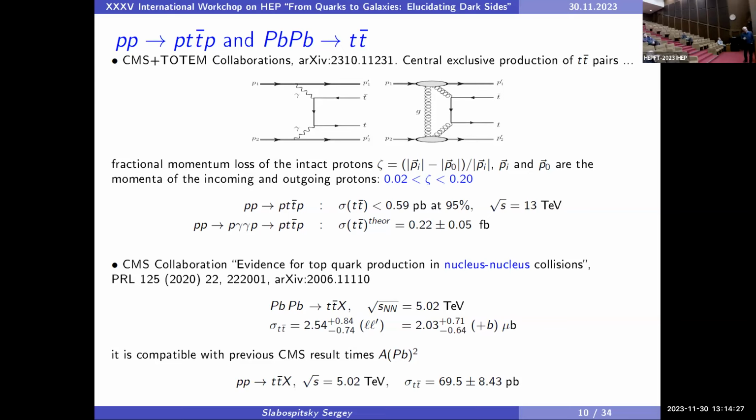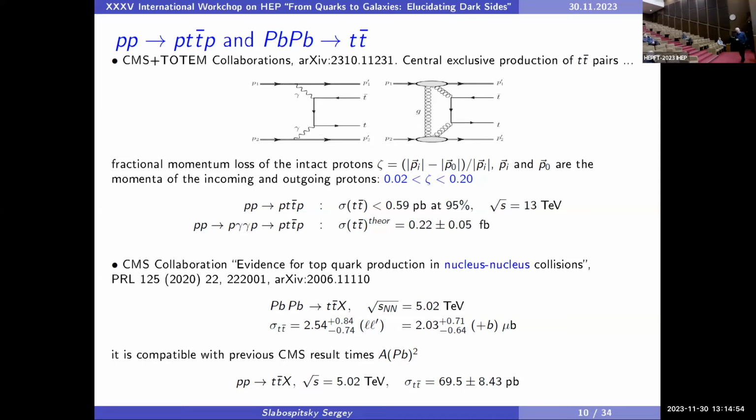So the measurement of this process provides an additional way to investigate the Pomeron structure. And since the top quark is very nice, we can predict the TT bar production with very high accuracy. Therefore, this is also a very good way to investigate the Pomeron structure. The cross section is more or less within theoretical expectation.